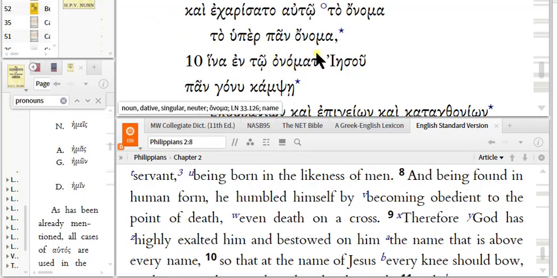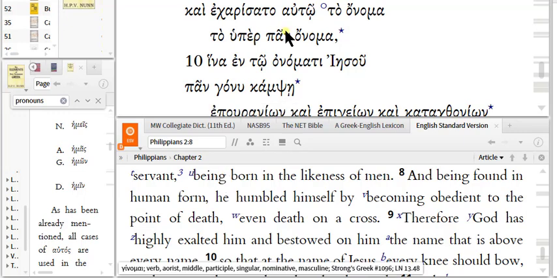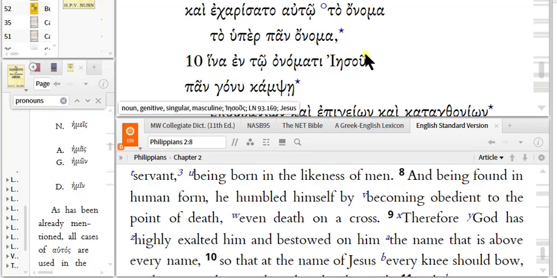That is my head noun. Iesou is the genitive noun. What are my genitive possibilities here? Well, many people take this to be a genitive of apposition. That is to say, at the name of Jesus means at the name which is Jesus. So Jesus is the name at which everyone will bow.